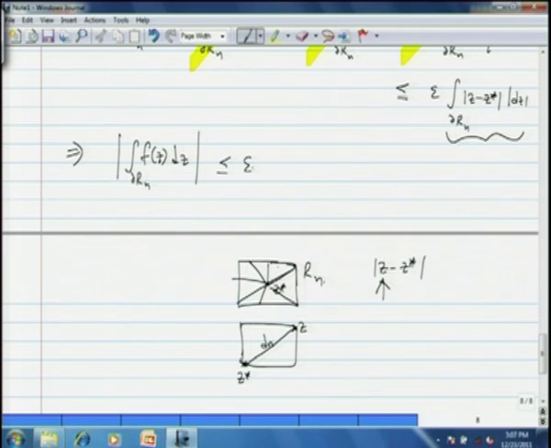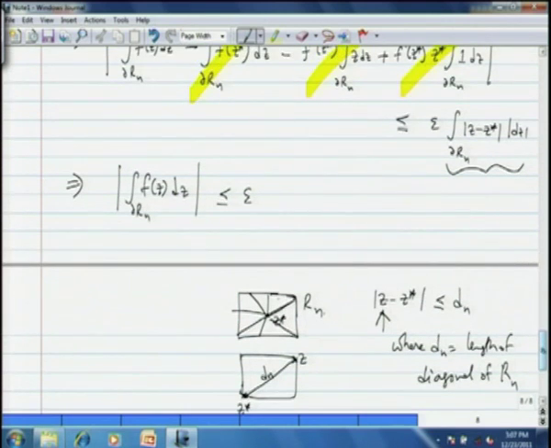So, the modulus of z minus z star is at most d n, where d n equals the length of the diagonal of R n.